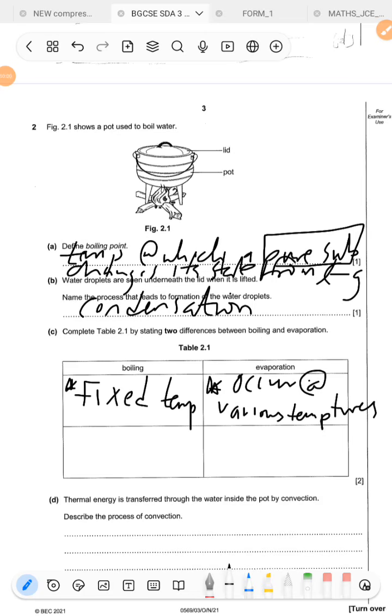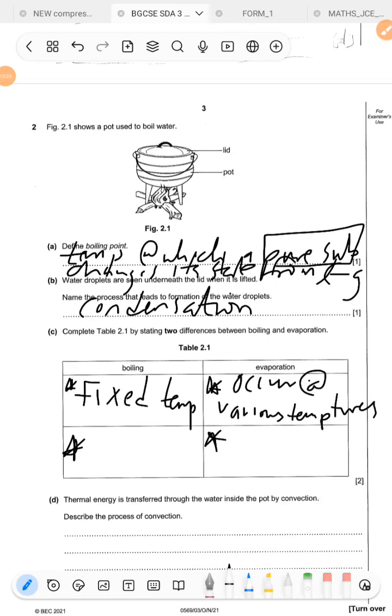However, with boiling, depending on the elevation, or just let's say at sea level, water will boil at 100 degrees Celsius. Now that is fixed. Pure water, of course, we are looking at pure substances here.